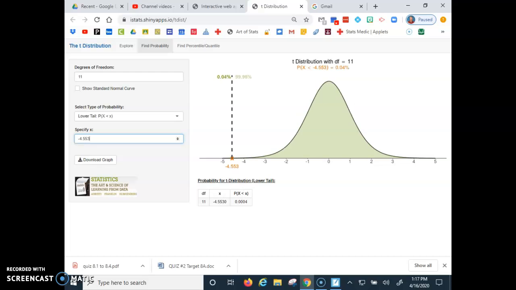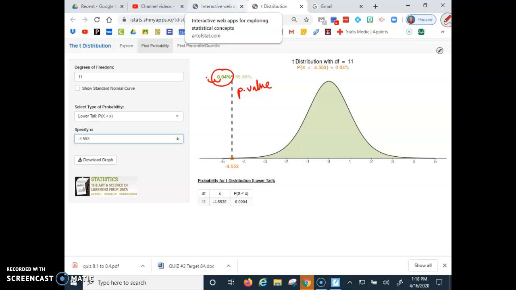4.553. Now, you'll look right here, ladies and gentlemen, is our p-value in percent form. Okay? A probability value has to be between 0 and 1. It's not a percent. So how do we get that into a p-value form? Ladies and gentlemen, we just move the decimal 2 places to the left.